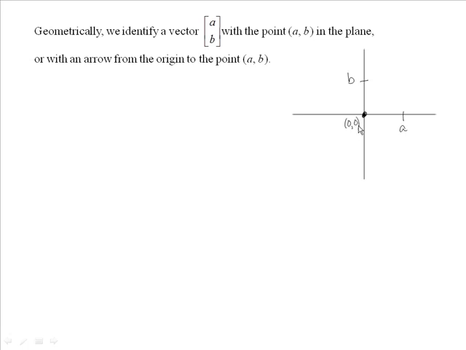So if we're going to draw our vector, we'll draw a point at the point (a, b) and draw a line with an arrow. So this is the point (a, b), and that's how we would graph our vector. R squared then is the set of all points in the plane.